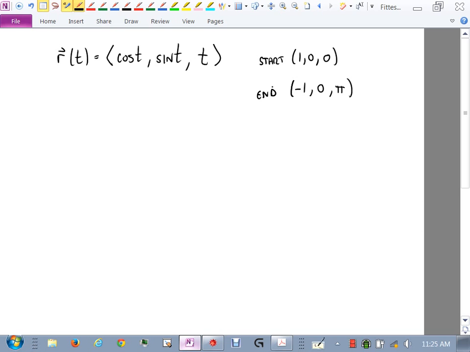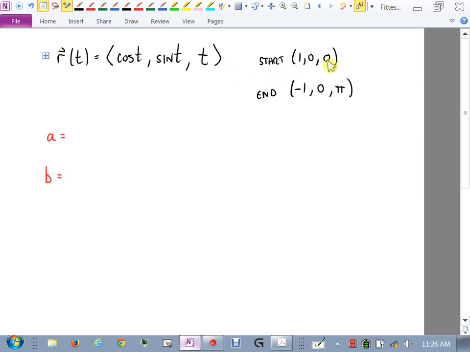So let's start by trying to figure out what a and b are. In order for me to figure out what a is, I need to know what value of t I would plug in here to get me to start at this point. And is that kind of obvious? t is 0.